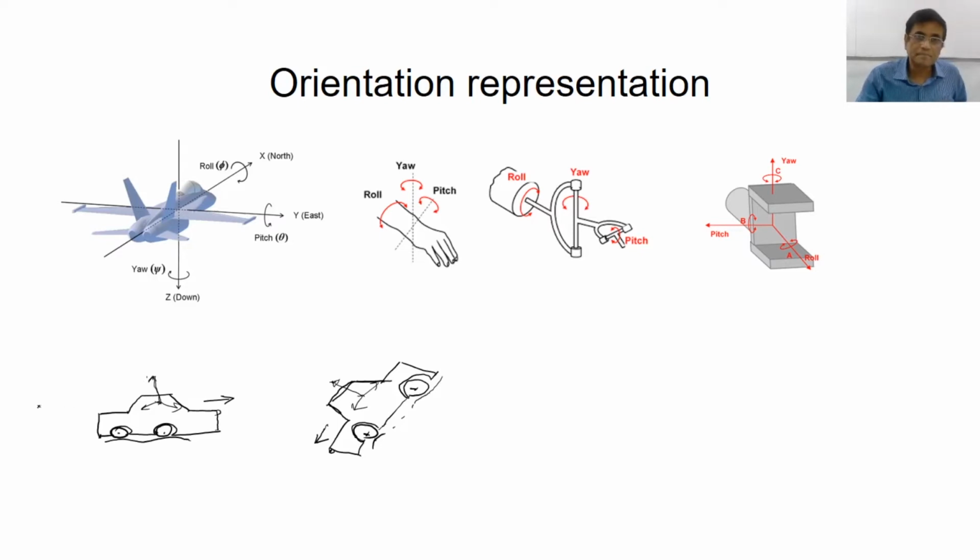Say for example, here this is an aeroplane, this is our hand, wrist, and this is a robot wrist, and this is another robot wrist.